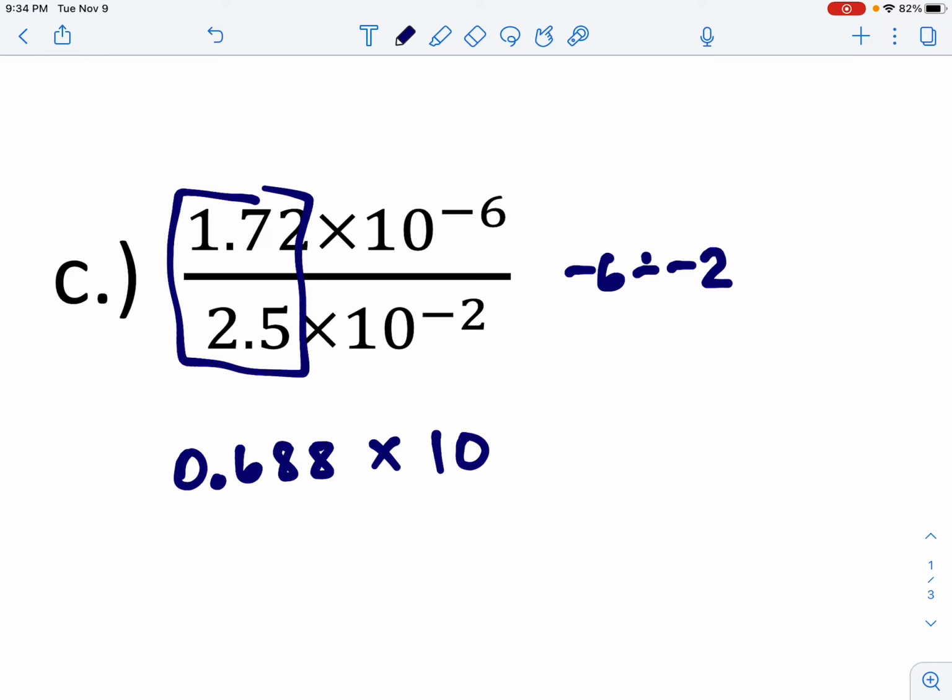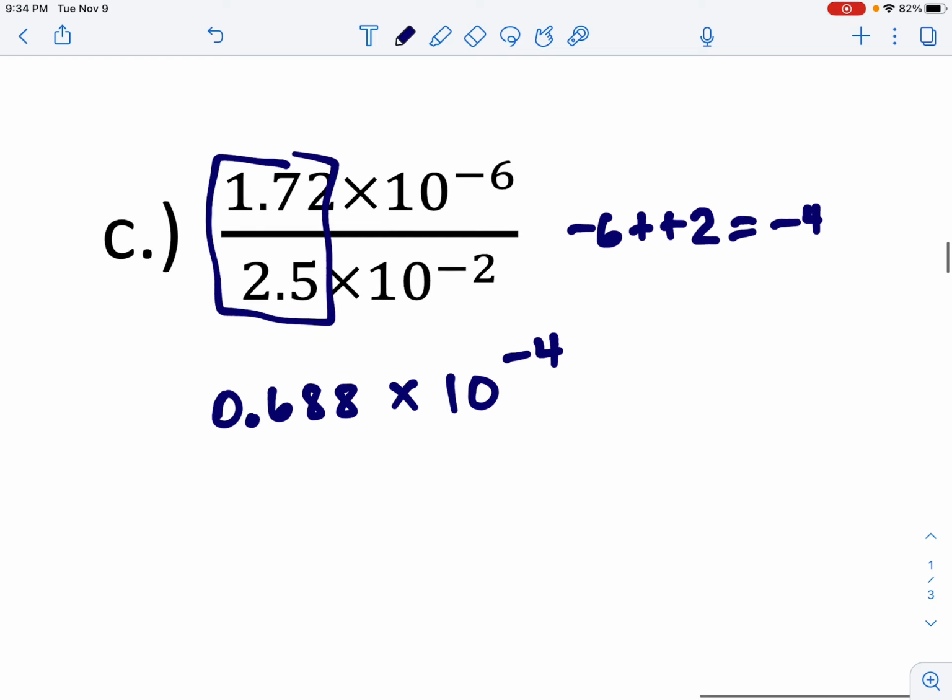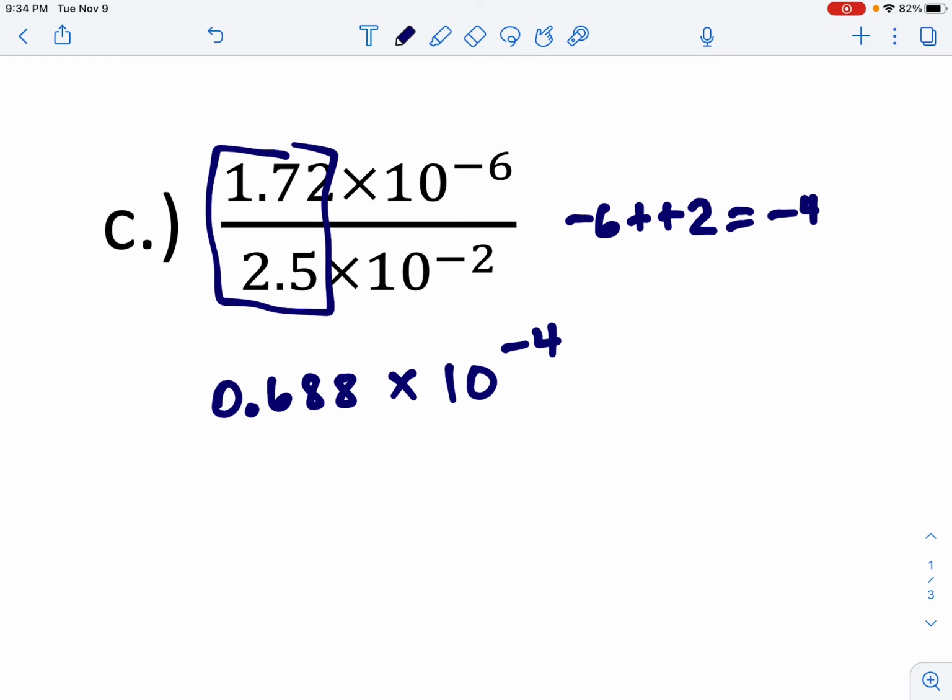That's going to give us -4. So we have 10 to the -4. However, this is not in scientific notation, so we're going to have to move our decimal place 1 to the left, which means we're going to subtract 1. So you're going to get 6.88 times 10 to the -5th power.